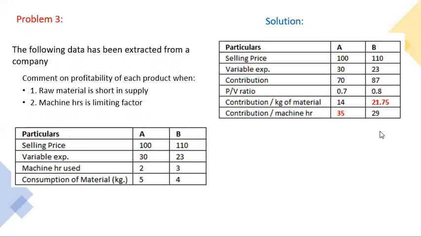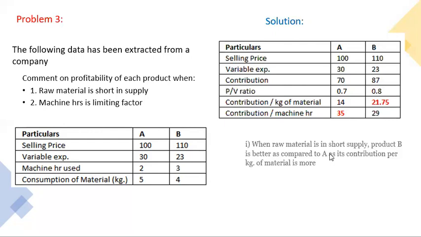Contribution per machine hour: product A is using 2 hours and product B is using 3 hours. And we are getting contribution per machine hour by dividing contribution by the machine hours. So here it is 35 and 29 for the products. When raw material is short in supply, product B is better as compared to A, as its contribution per kg of material is more.